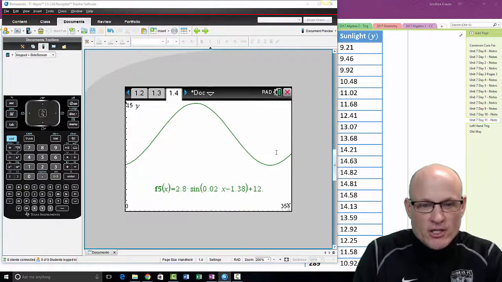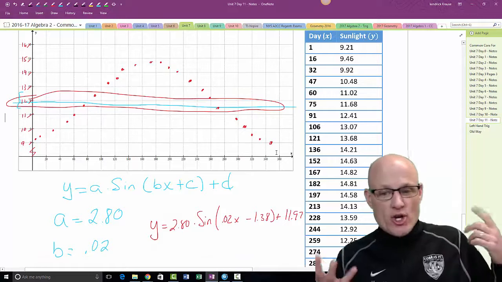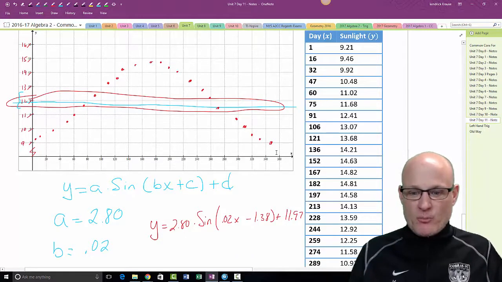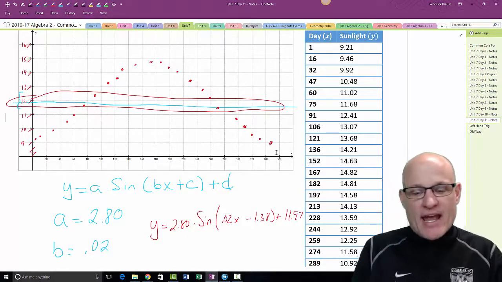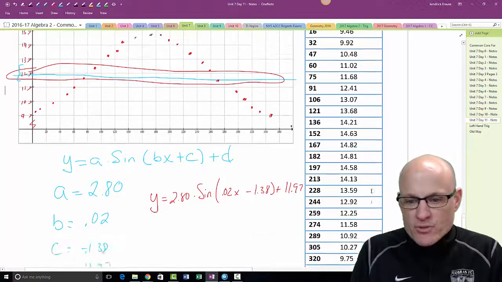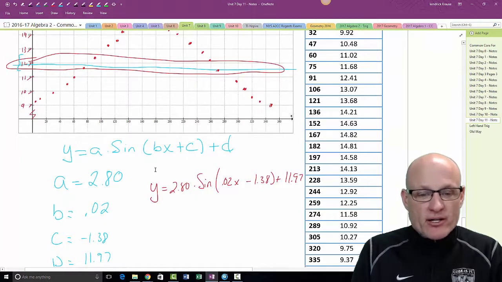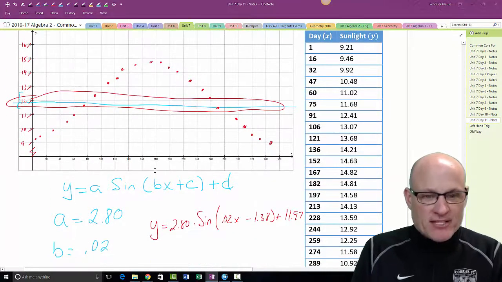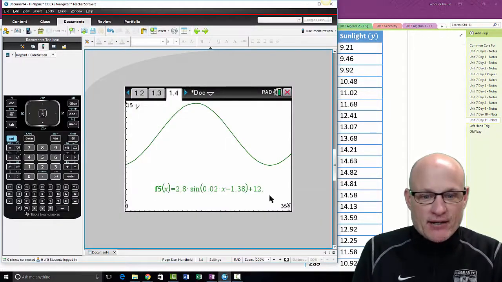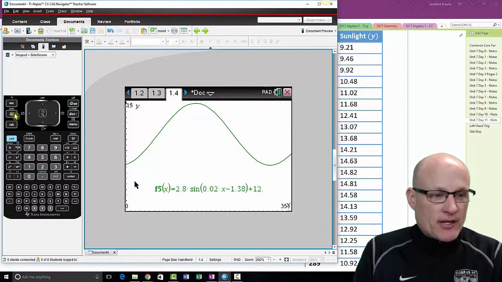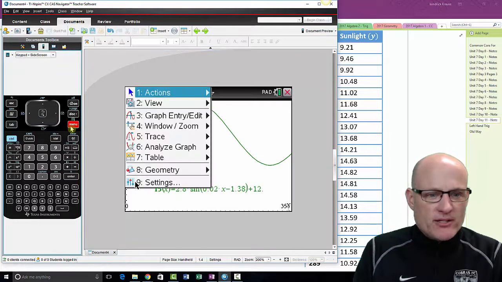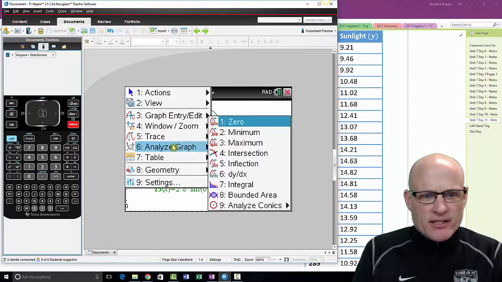Looks good. Now what if I said I want to know what the temperature will be on the 280th day? Well, that's my equation right there. I can do a couple things. Let's see, menu. Can I calculate?